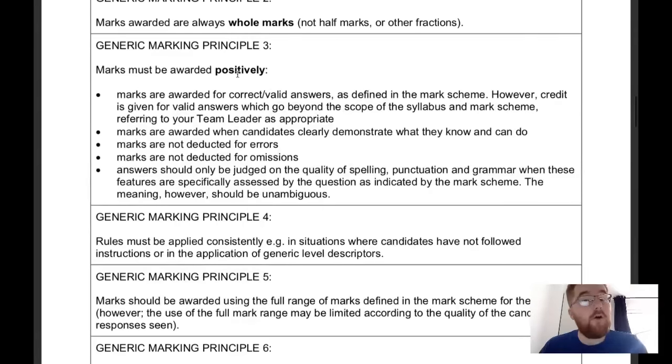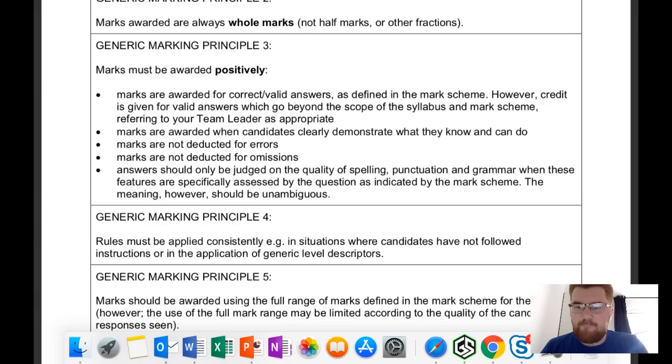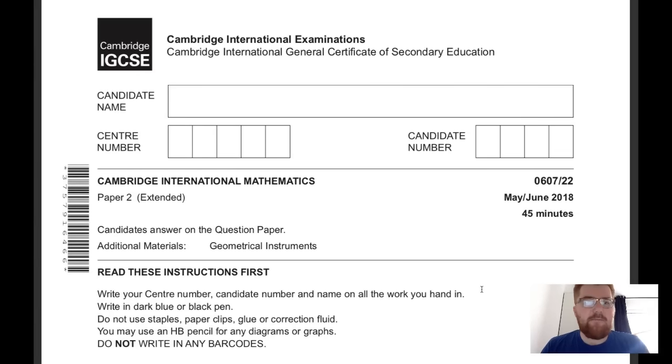Marks must be awarded positively, so if I can see as a student you're on the right lines, I can give those method marks. Marks are awarded when candidates clearly demonstrate what they know and can do, so marks are not deducted for errors or omissions. So if in doubt, write as much down on the paper as you can. Do keep that in mind. Right, so let's get to the paper itself.